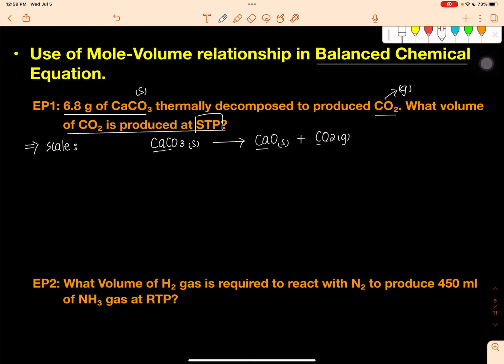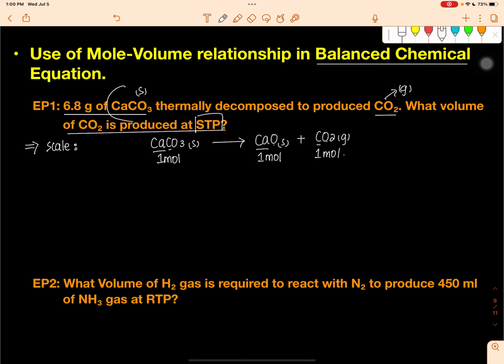This means that the equation is balanced. This also tells us that 1 mole of calcium carbonate is producing 1 mole of calcium oxide and 1 mole of carbon dioxide.